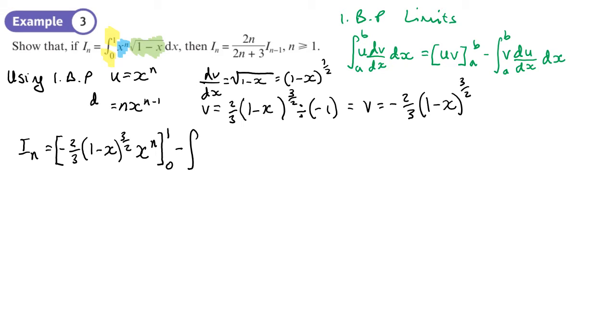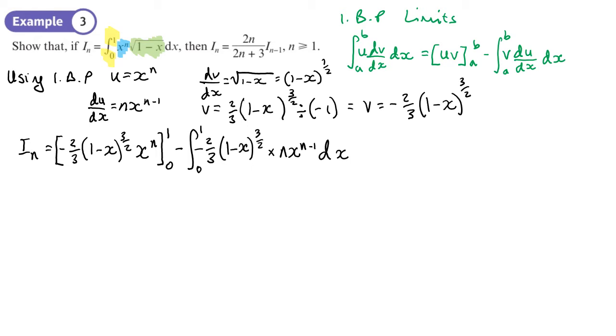That should be du dx. So v du dx, that will be -2/3 (1 minus x) to the power 3 over 2 times by n times by x to the power n minus 1 dx. And I'll just add in the limits of 0 and 1 there as well.